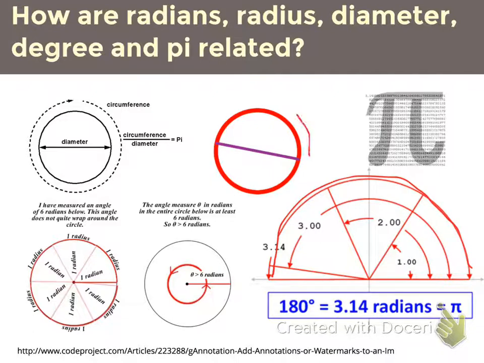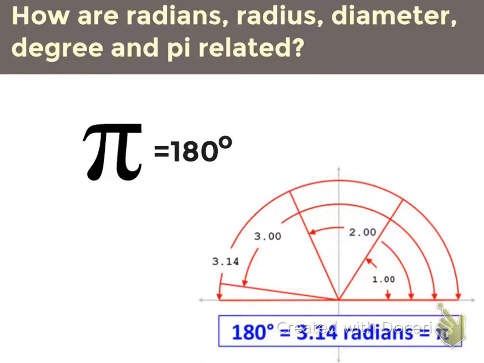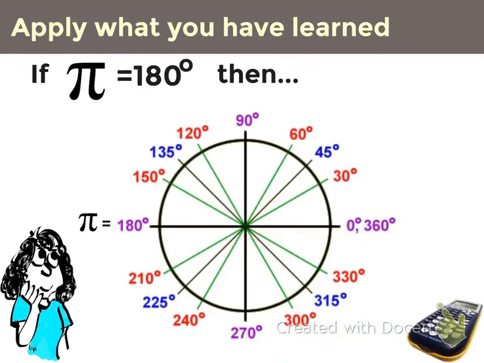So they took a basic unit of 1, like measuring it from the center out, wrapped it around, and came up with the 3.14, goes on for days. And so now we know we're going to take this information and apply it. What we've come up with now is that pi is going to be equal to 180 degrees on every circle.